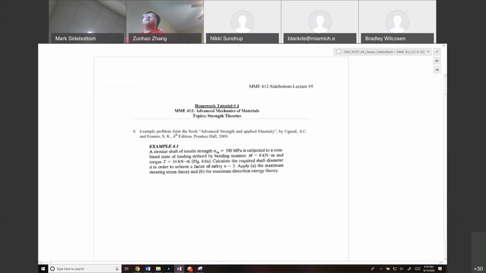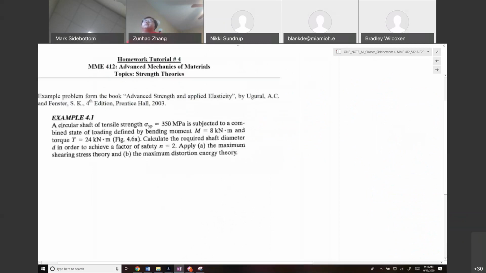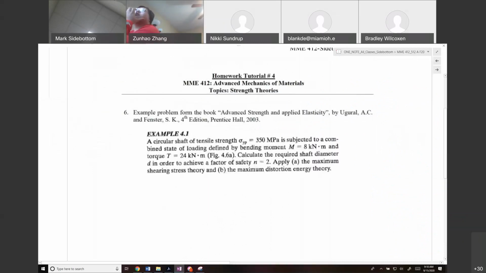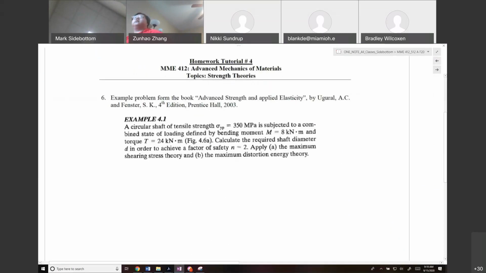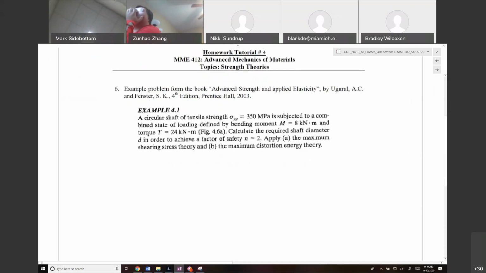All right. So the next problem deals with strength theories. This is lecture number 8, covered in chapter 7 of your textbook. What we're given is a circular shaft with tensile yield strength sigma yield equal to 350 megapascals.